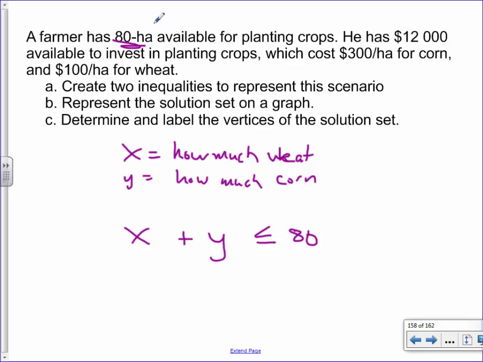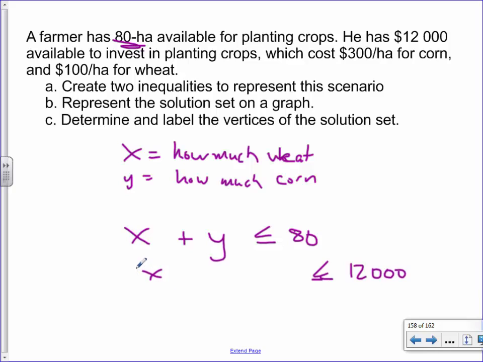That's one of my limitations, but I have a second limitation. My other limitation is I have a budget. My budget better come in at under $12,000. Any thoughts as to how to fill out the rest of this particular inequality? Well, you have to plant some wheat, but wheat costs you money to plant.